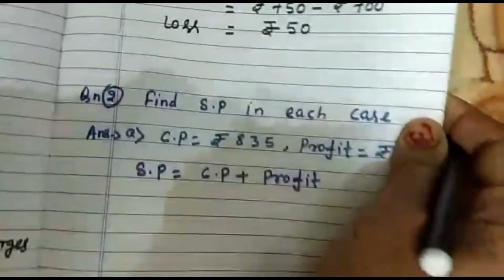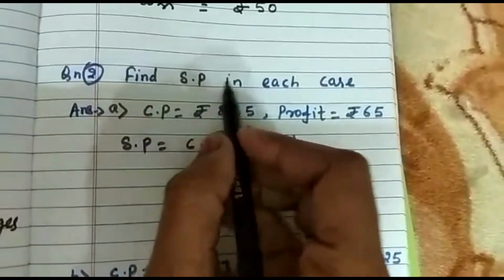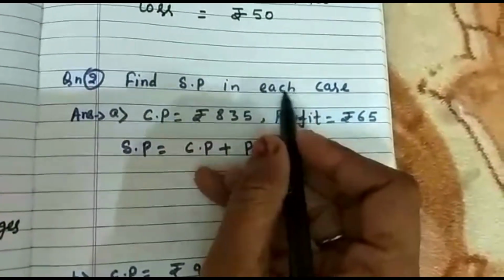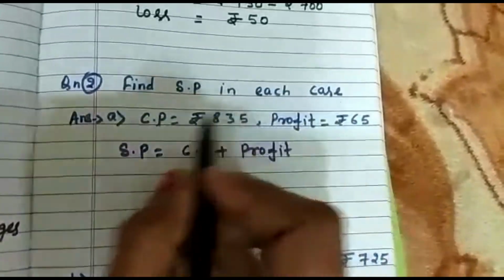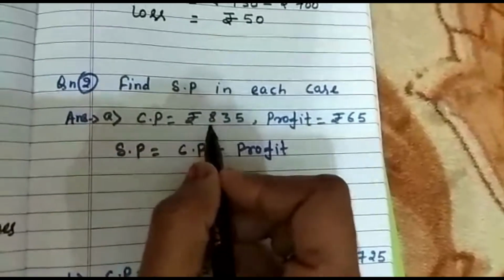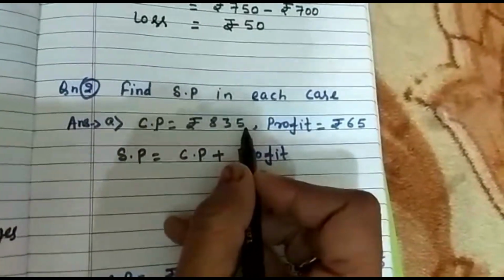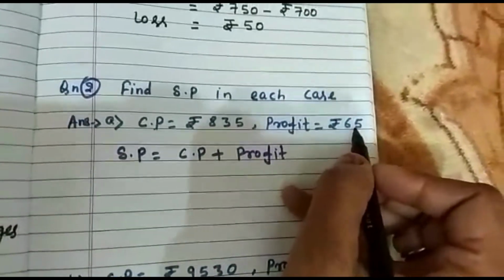Let us do question number 2. In question number 2, you have to find SP in each case, and CP and profit are given. Okay, so here the cost price is 835 rupees and the profit you are getting is 65 rupees.